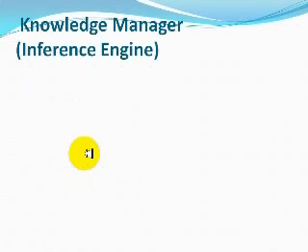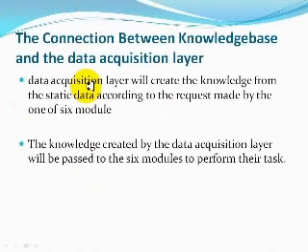Here you can see how the data acquisition layer and the knowledge base work. The knowledge base consists of the 6 modules. So these 6 modules will be used in performing the task or coming up with some kind of conclusion.